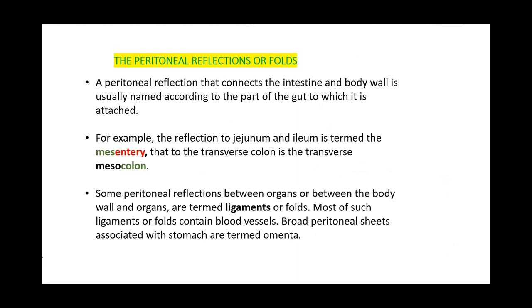Now, the peritoneal reflections or folds. We said there are two parts, the parietal and the visceral. The parietal is lining the wall, the visceral is covering the organs. You know, a peritoneal reflection that connects the intestine and the body wall is usually named according to the part of the gut to which it's attached.